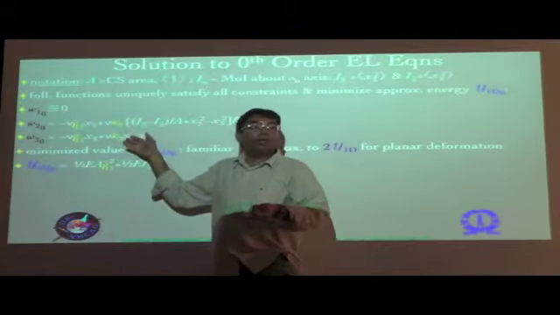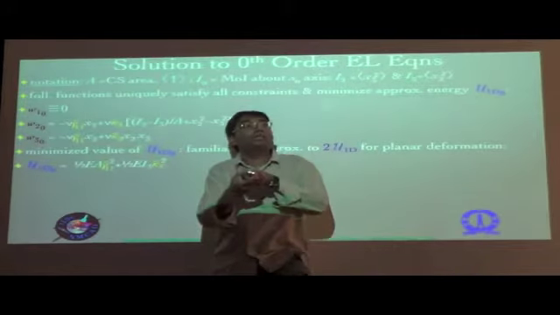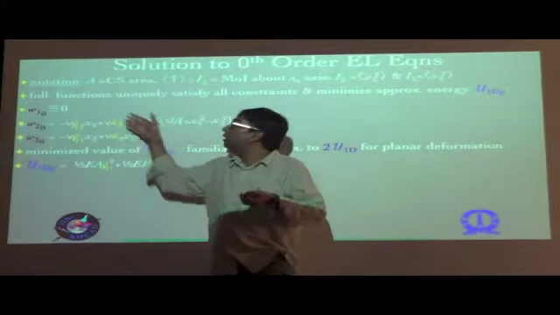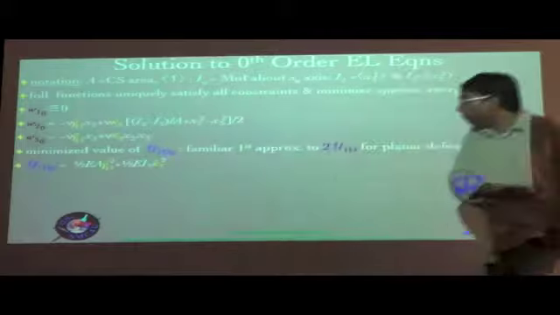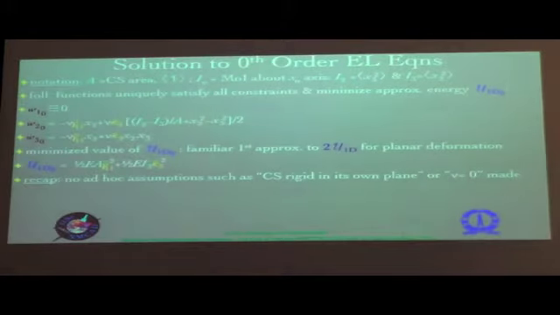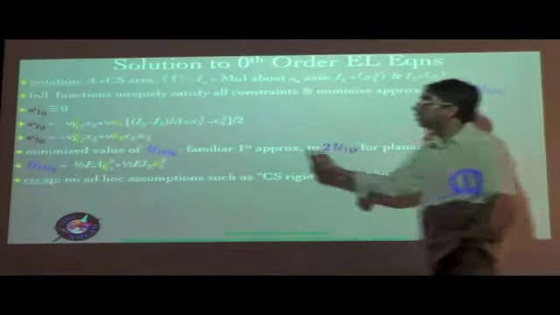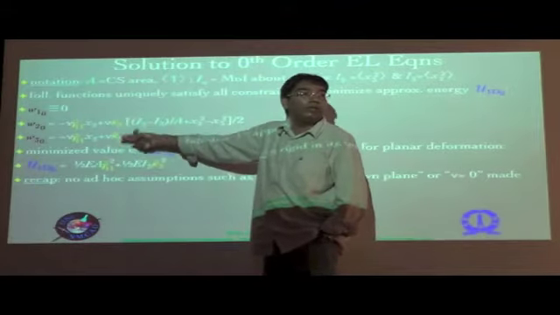So here it's not even applicable, because we see that under the same theory, indeed the cross section is not rigid. It does undergo deformation within its own plane, even as far as the leading order approximation itself is concerned. So the recap is that no ad hoc assumptions were made, such as cross-section rigid in its own plane, or some textbooks even say nu equal to 0, which is equivalent of saying this, because as we saw here, if you set nu equal to 0, you would get W2 and W3 equal to 0.